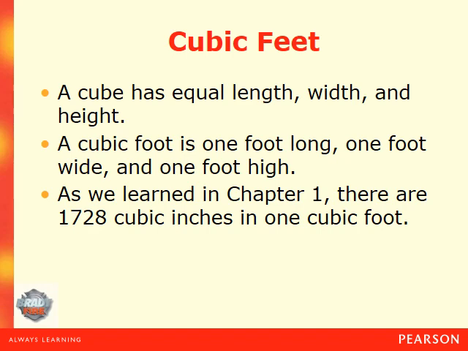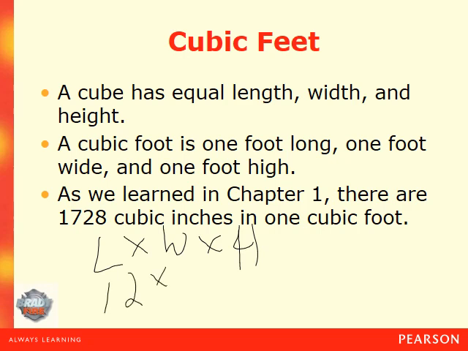Again, let's look how they got that answer. Basically our formula is length times width times height. And again, we're going to change this over to inches instead of feet.